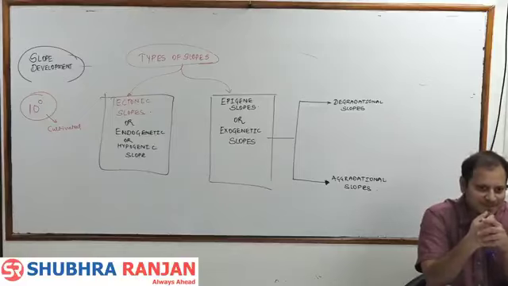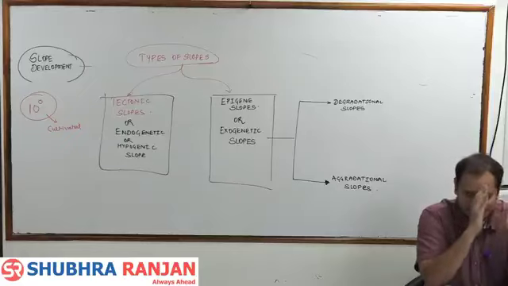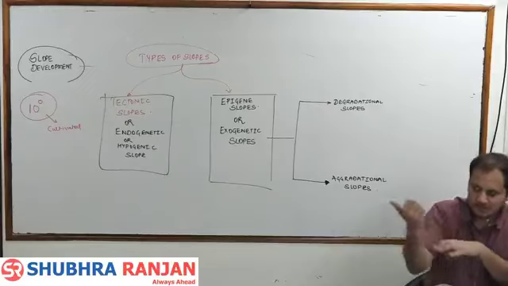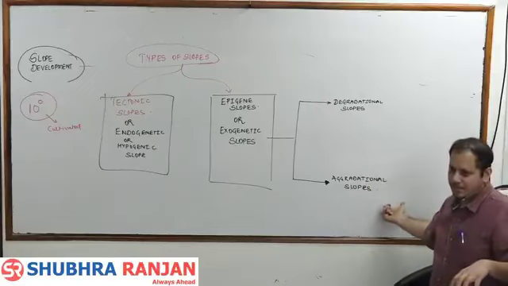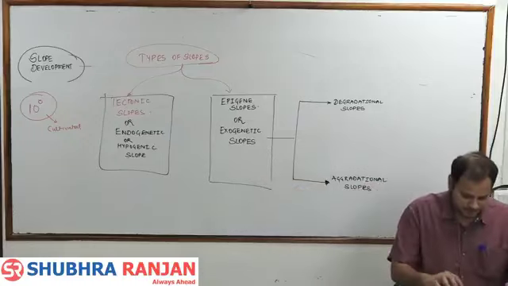And aggradation means the material which has been eroded in the upper part has been deposited at some other part. So this is formed due to cutting, this is formed due to deposition of materials, but both of them are examples of epigene slopes.